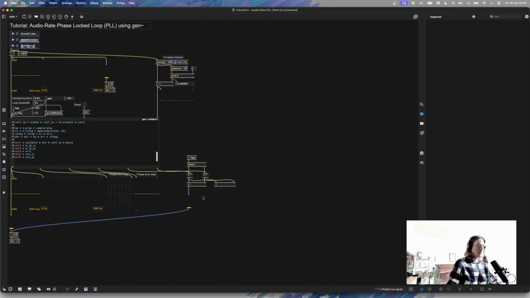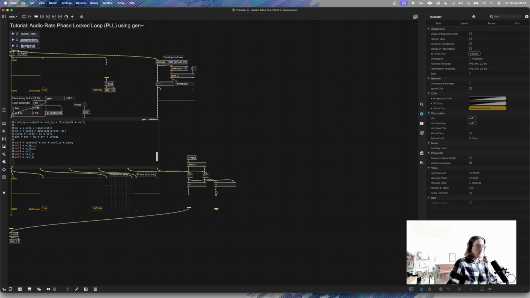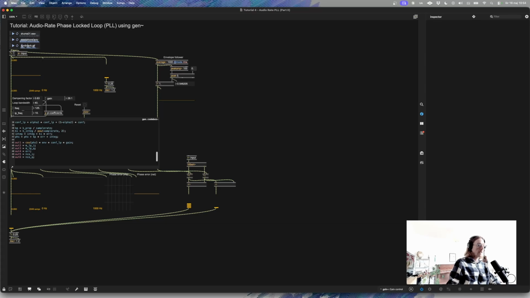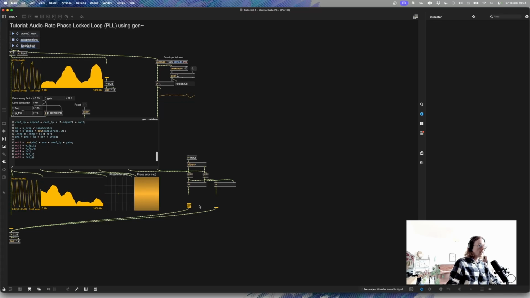So if we listen, for example, to the negative sideband, we get a very weird glitchy effect.